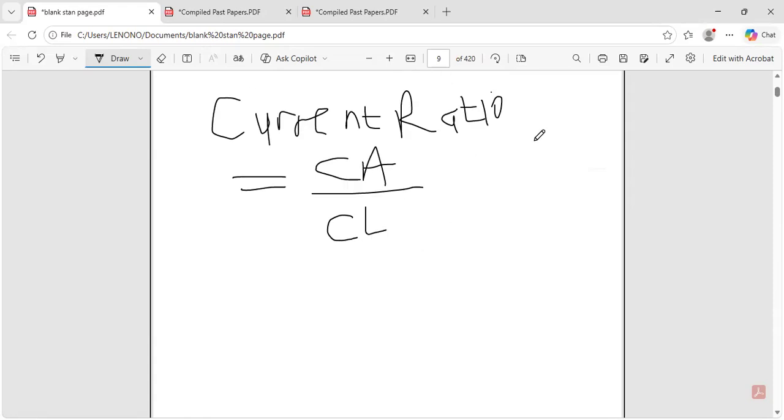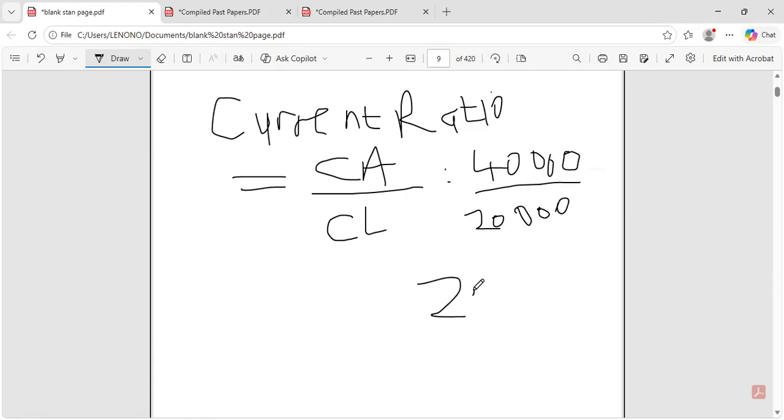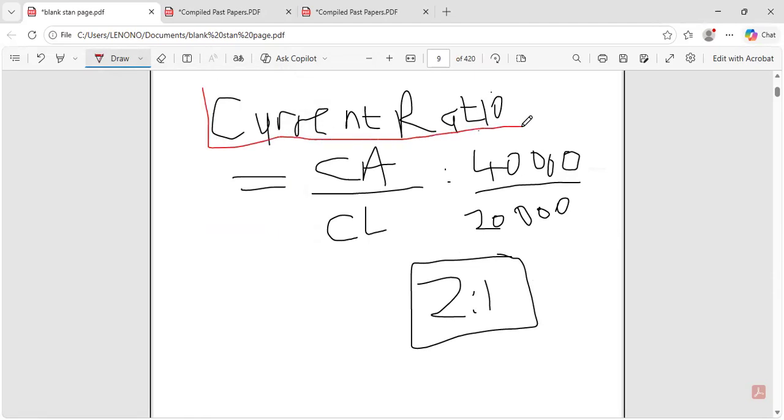So if the ratio is above 1, for example, if you have current assets of 40,000 and the liabilities are 20,000, meaning your asset is 2 to 1, you are in good condition, because your assets are actually more than your liabilities.